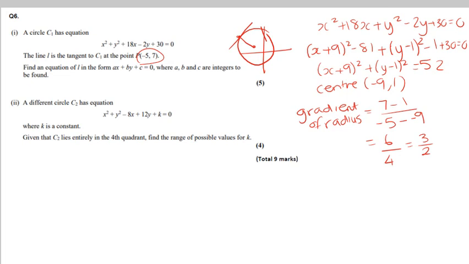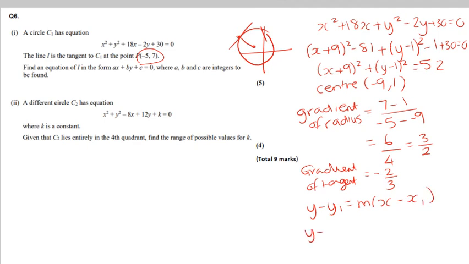So they meet at a right angle, so the gradient of the tangent is the negative reciprocal, so minus 2 over 3. Now, using y minus y1 equals m(x minus x1), you can just substitute it in.